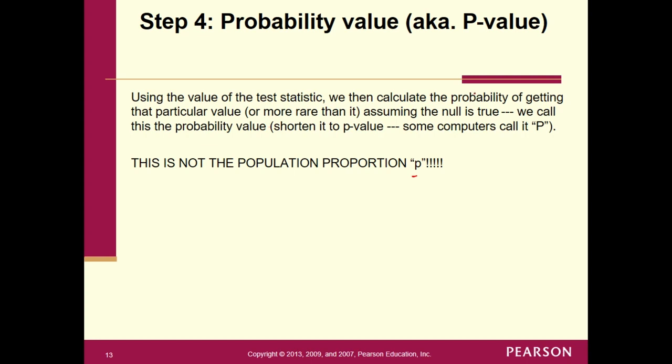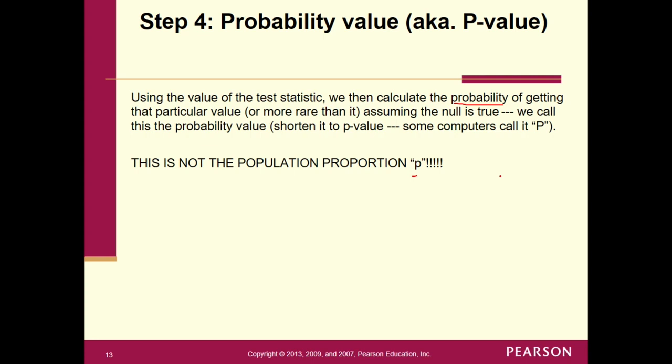So this is a probability. In one scenario, we're going to use our table to look up the p-value. In other tests, we might use StatCrunch to figure out the p-value, because we can't use certain tables to do that.